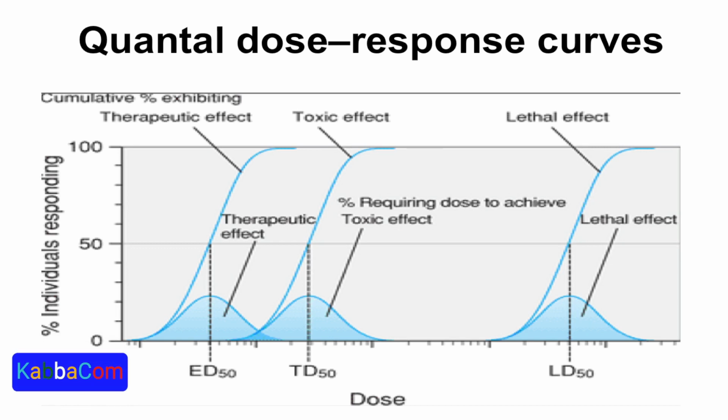In this context, remember we said quantal dose has to do with populations, so the y-axis has the percentage of individuals who are responding to that particular drug.